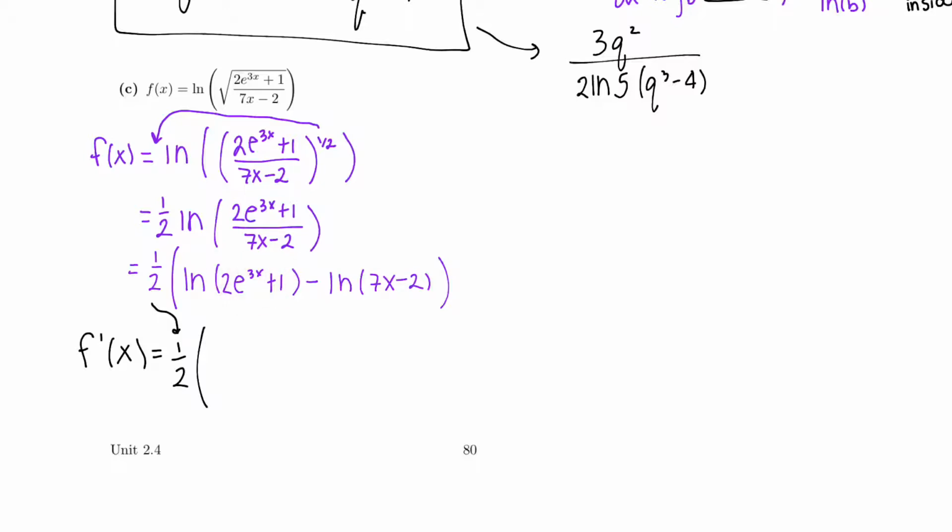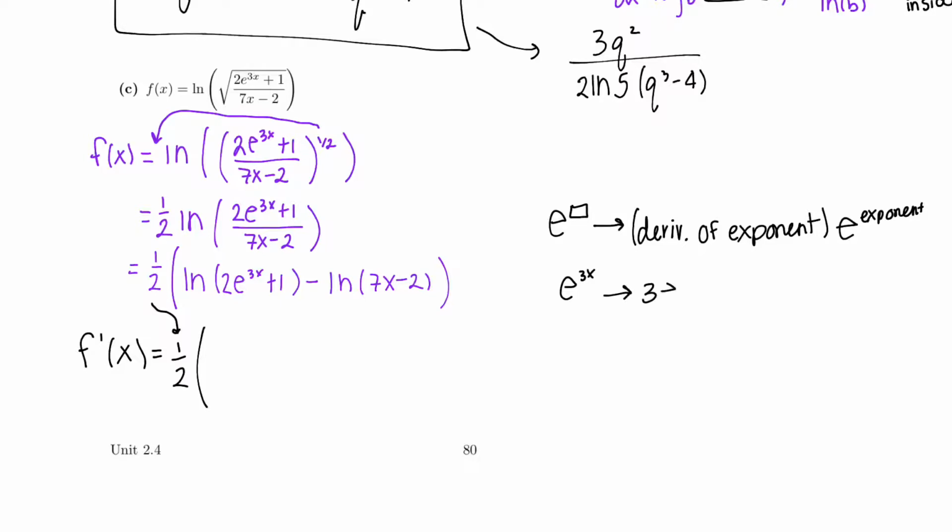For this guy, remember with e to the whatever, the derivative is going to be, you could write just, derivative of exponent times e to the whatever its exponent was in the first place. So in the case of e to the 3x, the derivative is 3 e to the 3x.